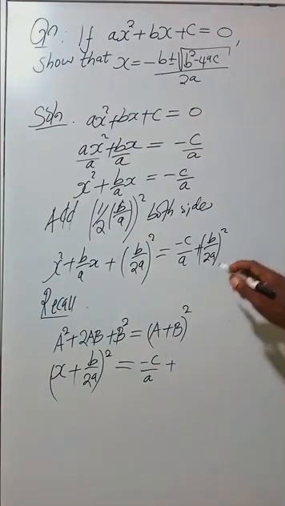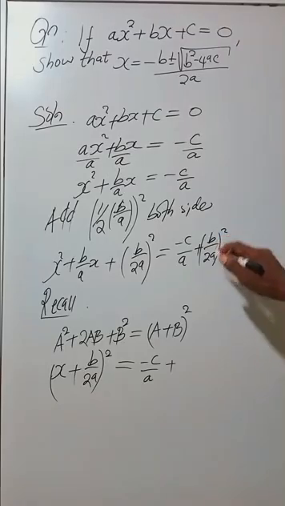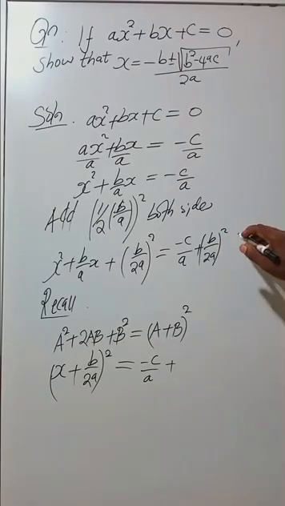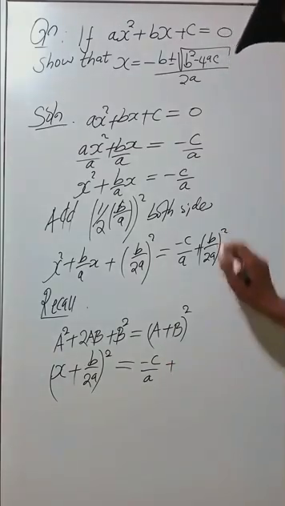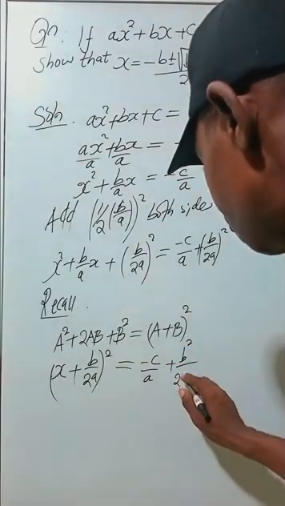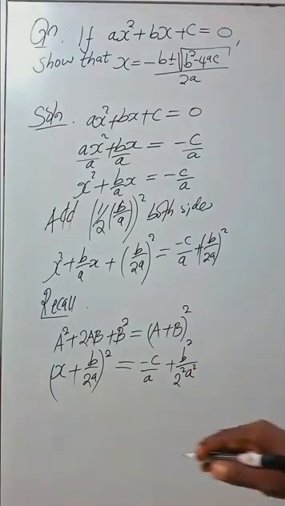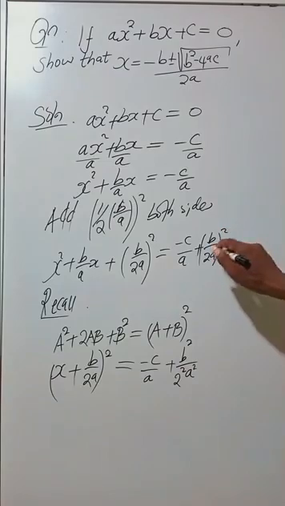Remember the concept for exponents, when you have brackets and the exponent is outside the bracket and inside we have a fraction, it means that this exponent affects all the numbers inside. So what will it give us? Here we shall have b squared over 2 squared, then a squared. I said this exponent affects all the terms inside the bracket. So this is what you'll get.